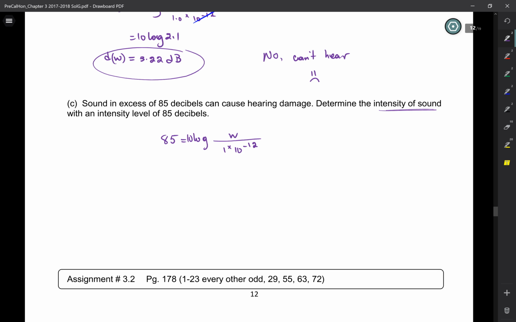So 8.5 is equal to log W over 1 times 10 to the negative 12.